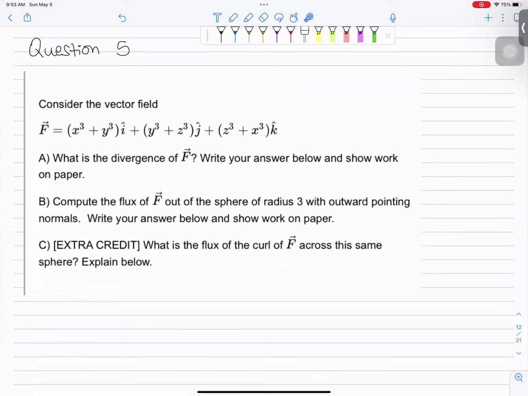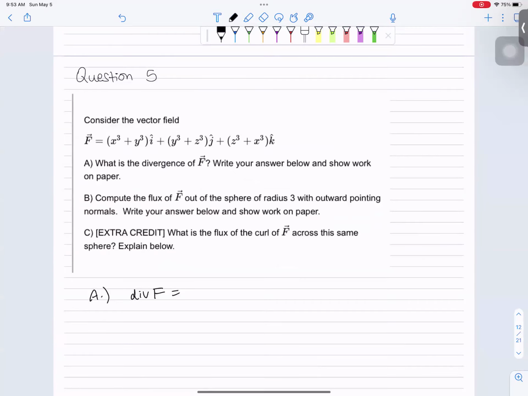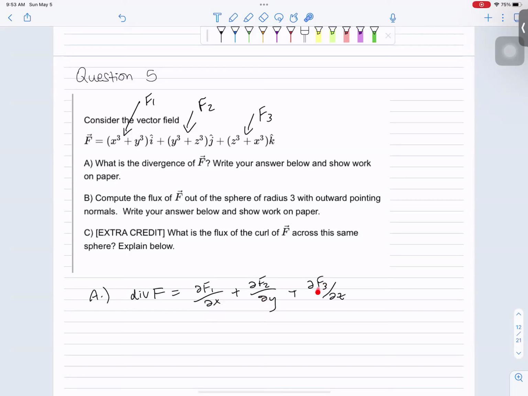Consider the vector field. First of all, what is the divergence of F? The divergence is defined as, let me call each of these components: this is my first component, second component, and my third component. The divergence is you take the partials of each component and add them all up in their respective order: the first with respect to x, second with respect to y, third with respect to z.